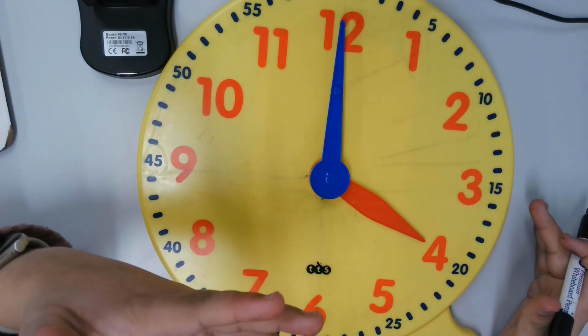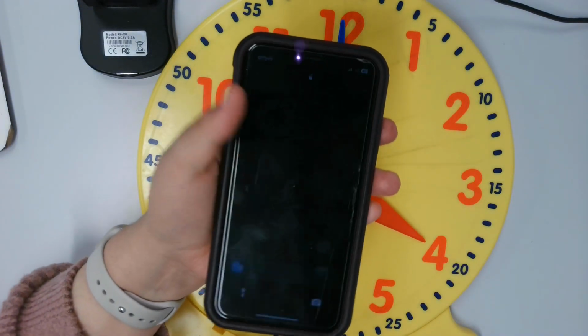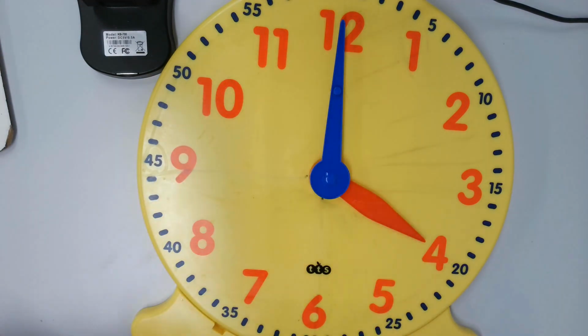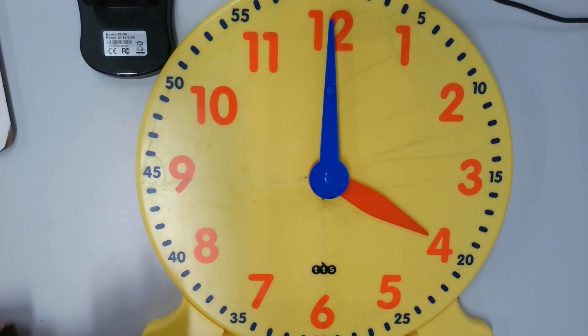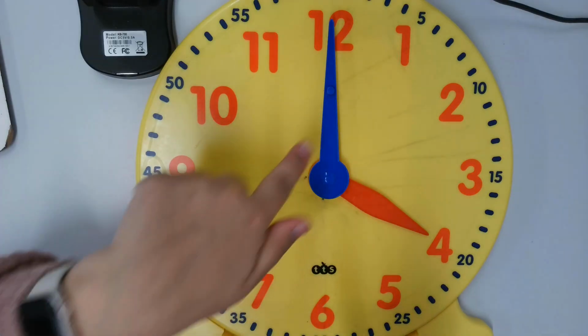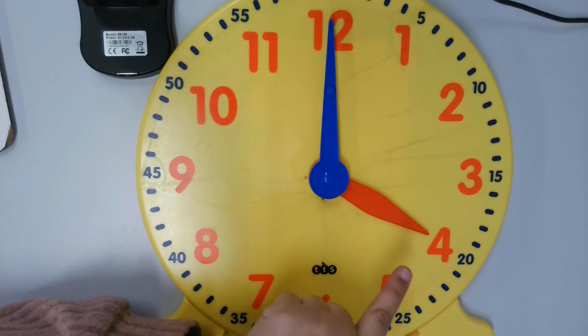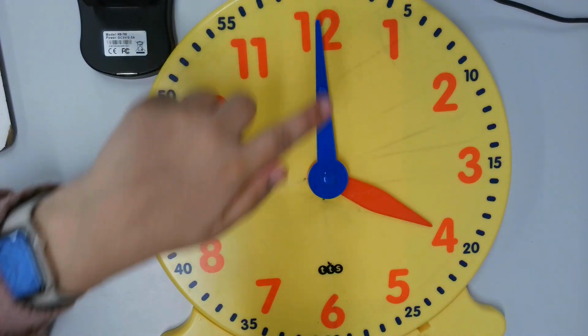So, right here in front of me, I have got a clock. We call this an analog clock because we need to actually read the time, compared to a digital clock, like on my phone here, that will tell me what time it is. Whenever we have a clock, we need to look at the numbers around, but you might also notice we've got two hands. We've got a shorter hand and a longer hand.